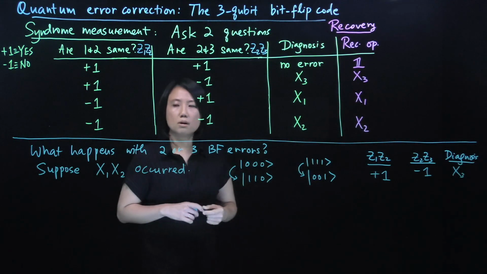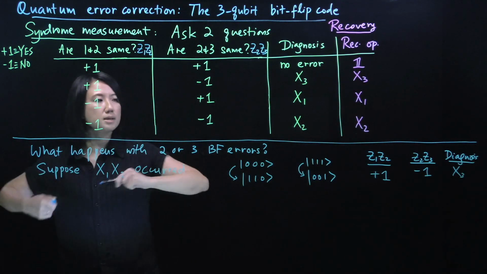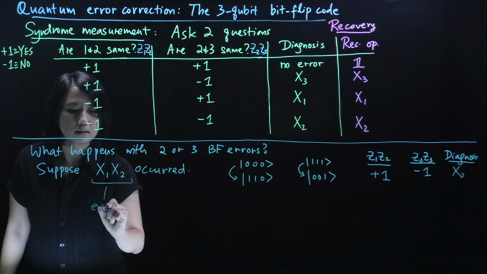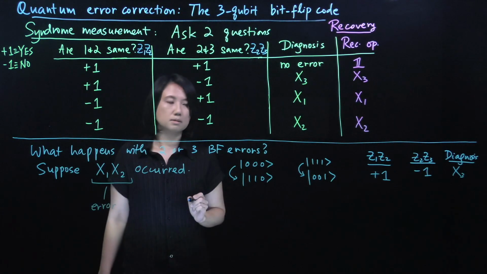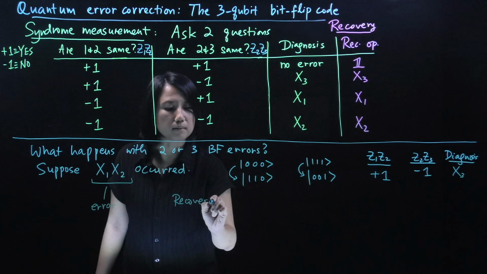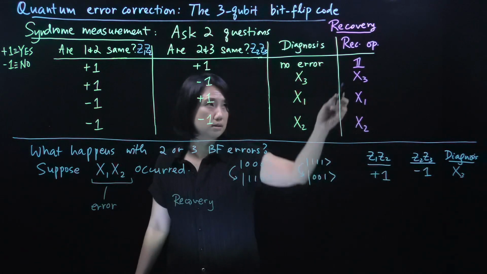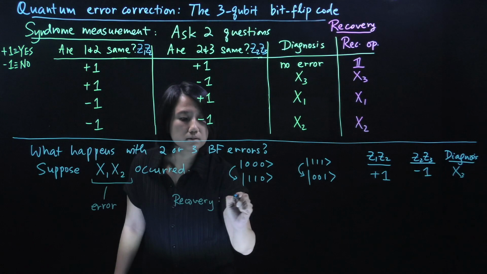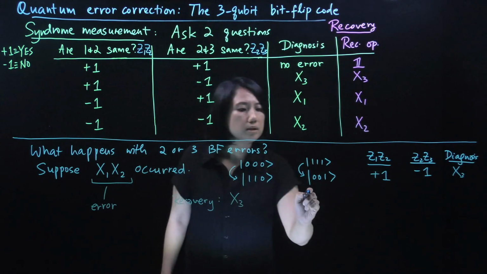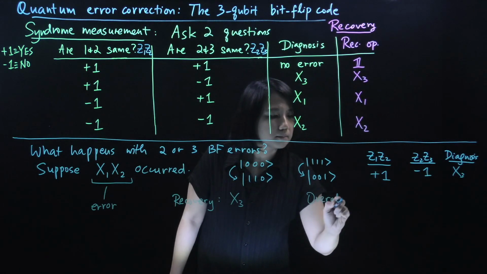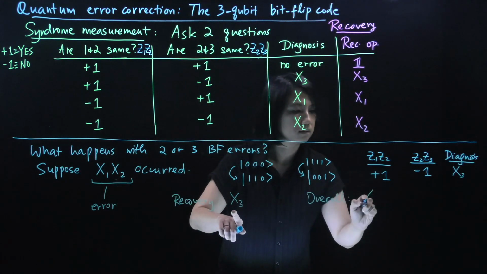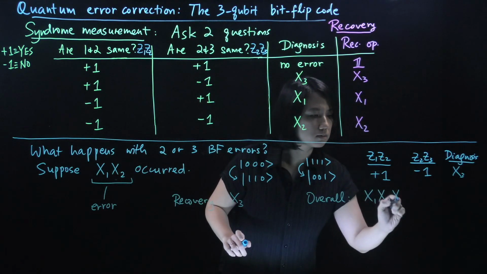So altogether, this is the error that actually occurred from the noise. Later on, because of my syndrome measurement and the diagnosis, I do a recovery operation that is x3. So the overall operation applied to my state is x1, x2, and then x3, which is x1, x2, x3.